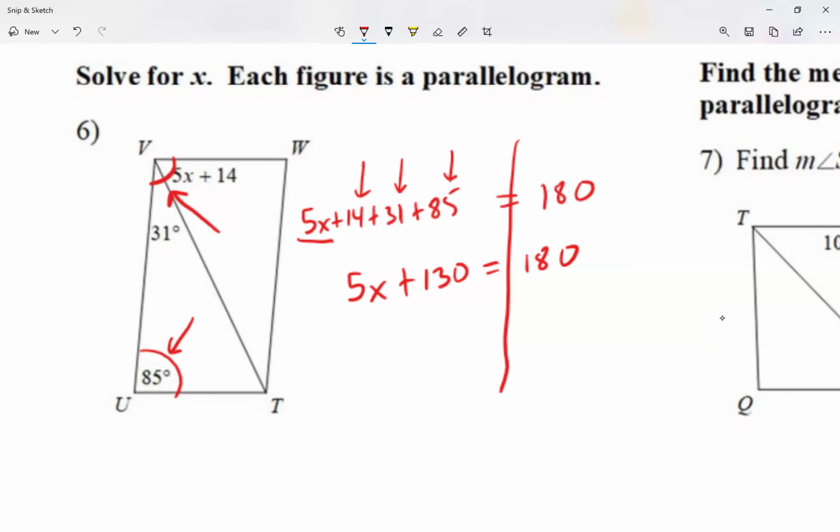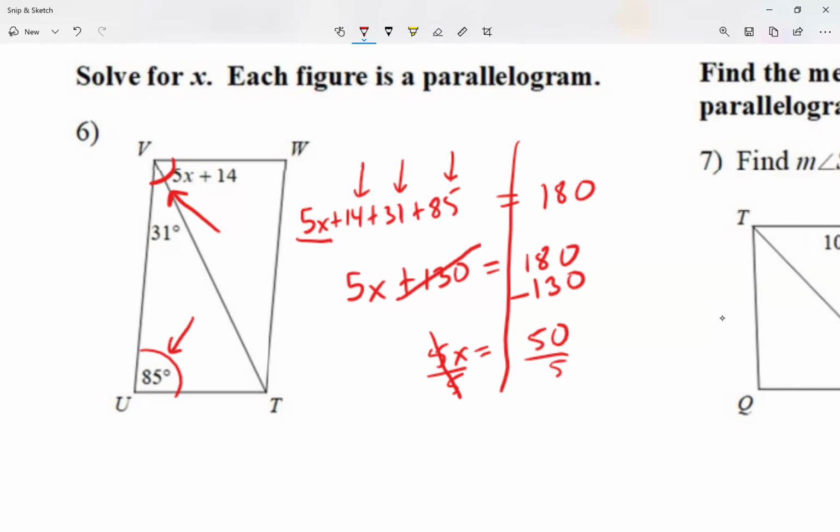So I have that 5x plus 130 is equal to 180. I want the 5x by itself, so let me move this plus 130 over as a minus 130. So I have that 5x is equal to 50 because 180 minus 130 is 50. To get the x by itself, let's divide by the number in front of x because 5 divided by 5 is 1. So 1x is equal to 50 divided by 5, which is 10.